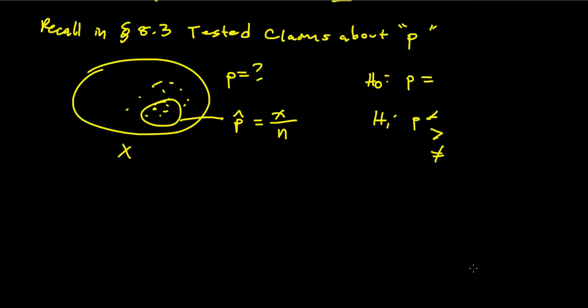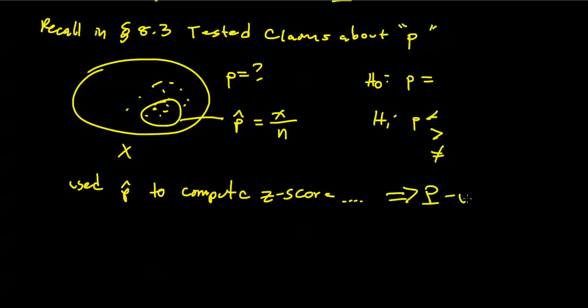So what we did is used p hat, our sample proportion, to compute a z-score. Now we let the calculator do that internally, and in turn the z-score gave us a p-value, and we're going to use the p-value approach in all these hypothesis tests, and we're going to let our p-value decide whether to reject or fail to reject H0. To decide that in all these hypothesis tests, we use this indicator.